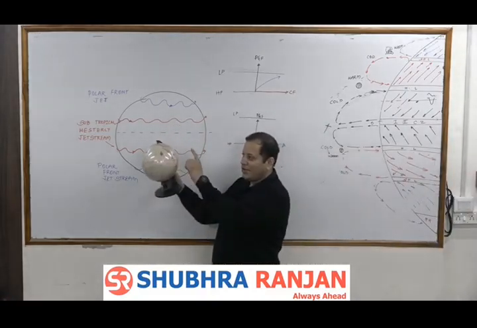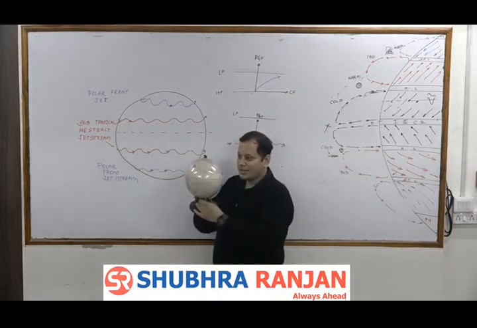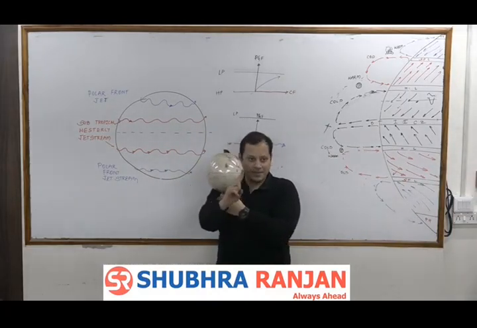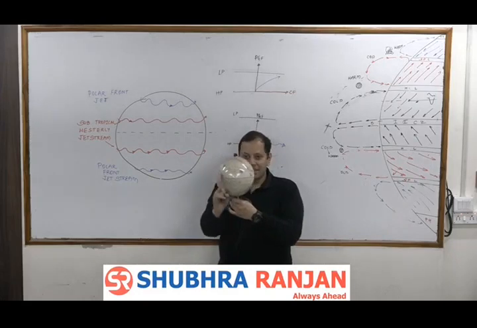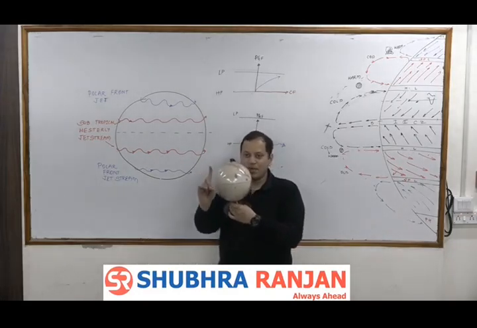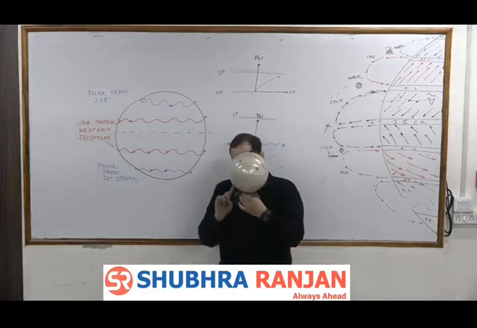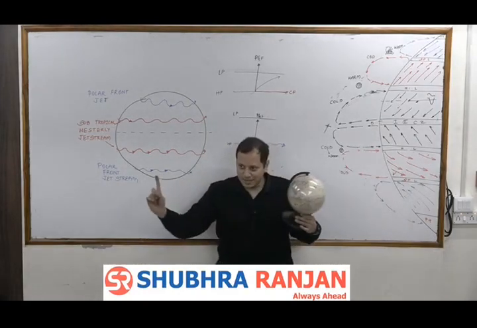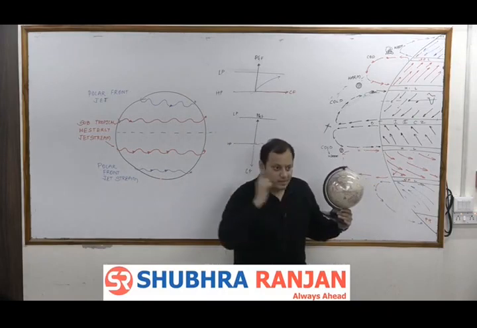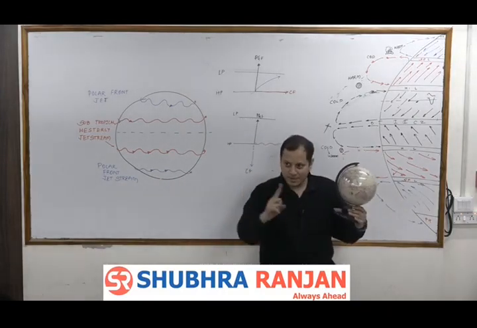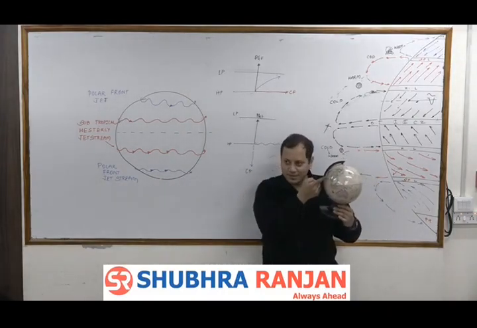Jet stream is flowing all around the globe. This is the subtropical westerly jet stream. This is the polar front jet stream. It is going around the globe in a circumpolar manner.